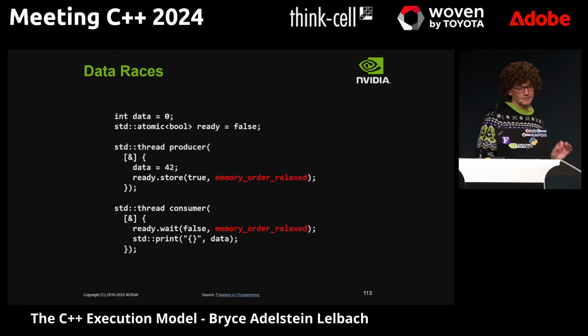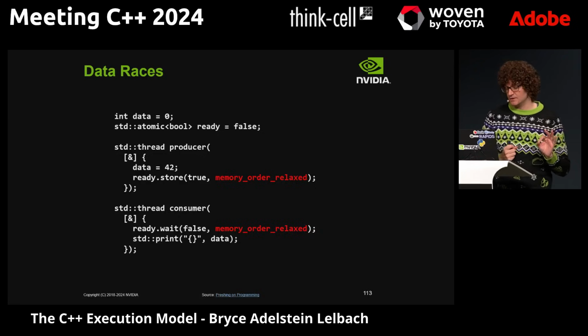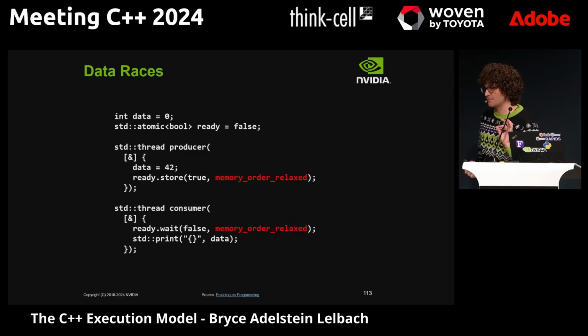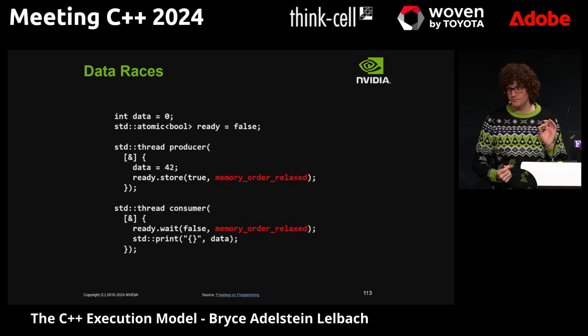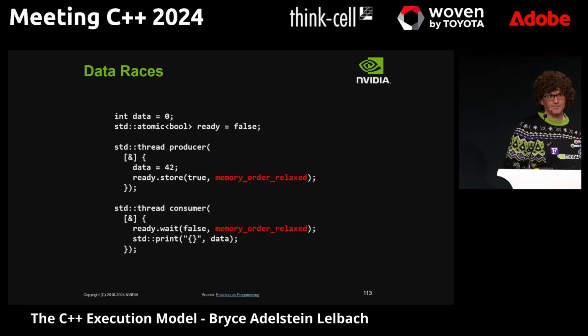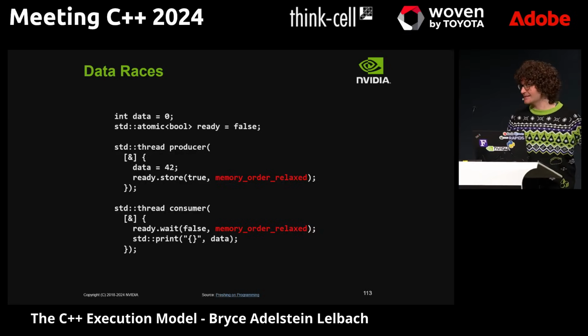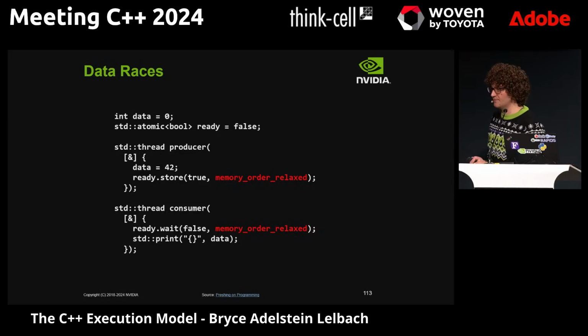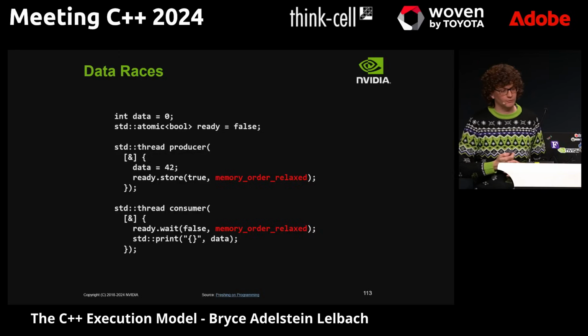Relaxed loads and stores are not synchronization operations. They can only be used for communicating information about that particular atomic object. They give you no guarantees about ordering of operations of non-atomic things in other threads. And so we would be back to undefined behavior here if we used memory order relaxed.